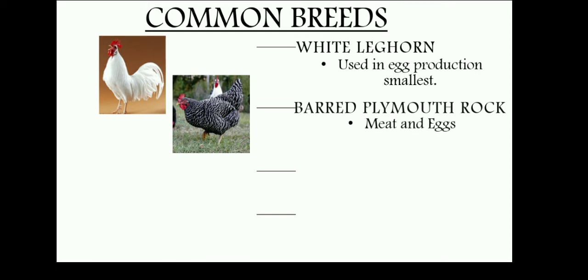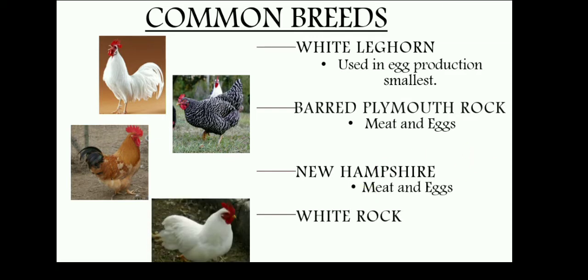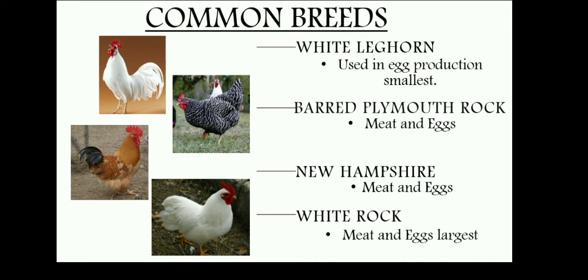This is the example. It is used for meat and eggs. New Hampshire is also used for meat and eggs. White Rock is used for meat and eggs, the largest.